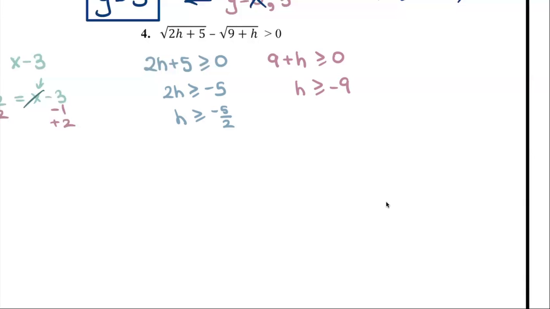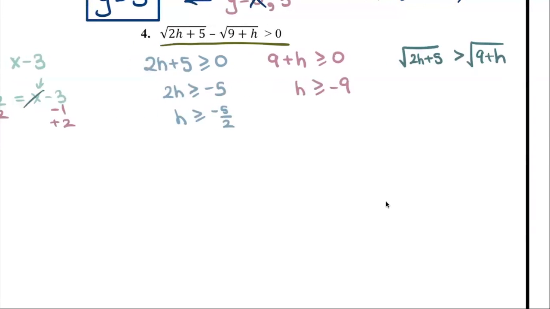Then my next step is to actually solve the inequality here. I'm going to isolate my more complicated radical, so I'm going to move that radical of 9 plus h onto the other side.